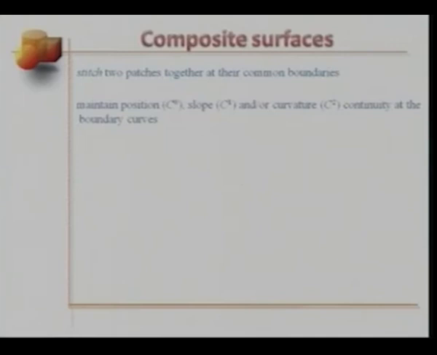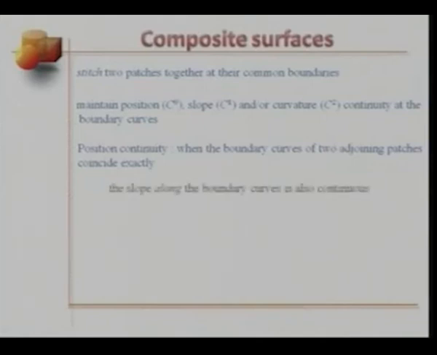What does that mean? It means that we need to maintain position, which is C0, slope, which is C1, and or curvature, which is C2, continuity at the boundary curves. Position continuity implies when the boundary curves of two adjoining patches coincide exactly.